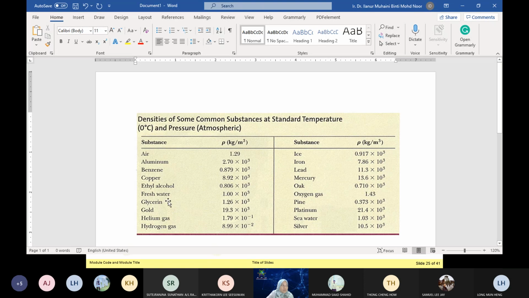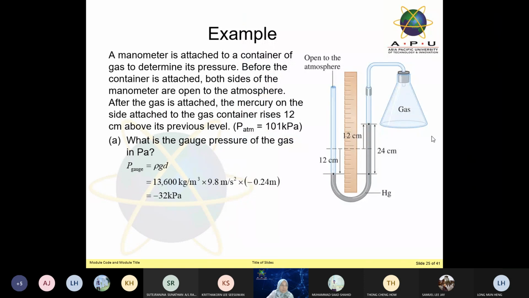Just now we used fresh water density for the lake, which is 1 times 10 to the power of 3. So this 13,600 is from the table, a fixed value. So 13,600 times g 9.8 times d 0.24.